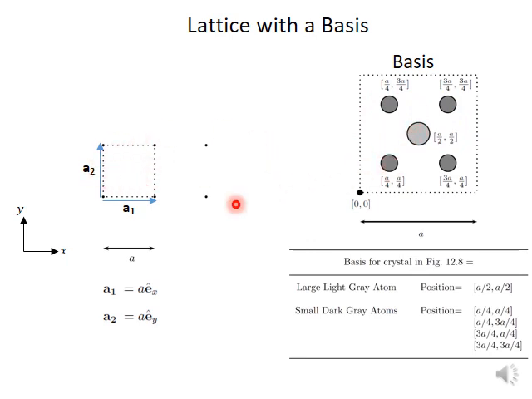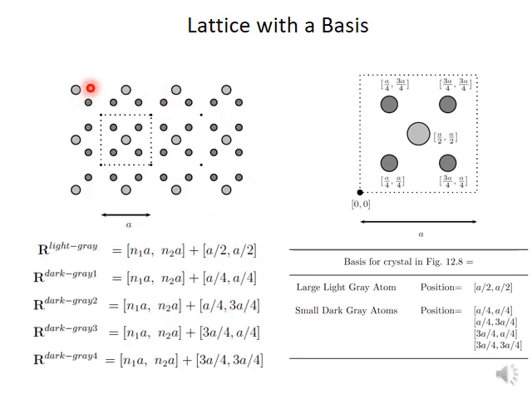And if we do it for all the lattice points, we get the periodic pattern which we started with. So we reconstructed the whole periodic structure using the lattice points and the basis we defined earlier.